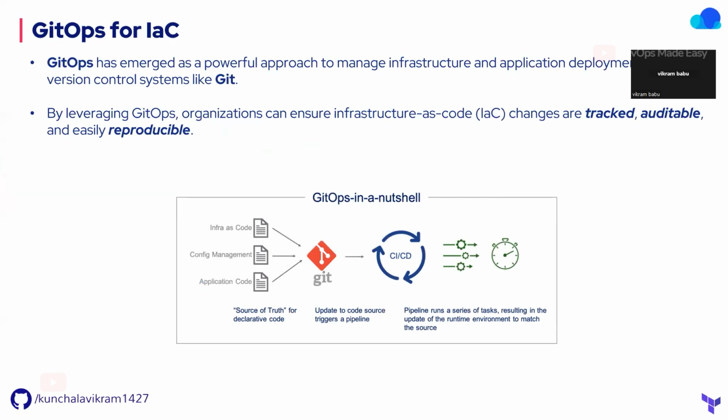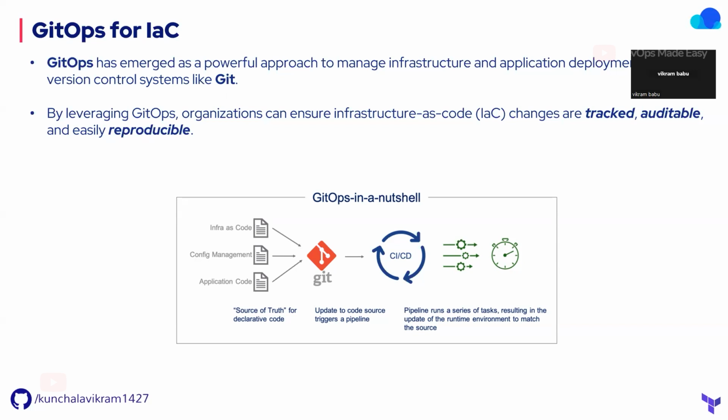GitOps means that the entire code will reside inside Git or GitHub. It can be your source code, it can be your configurations, everything will be managed in Git. If you manage everything in Git, this is known as GitOps, because Git is now acting like a single source of truth, either for your code or your configuration.